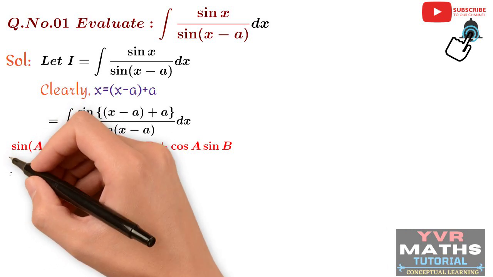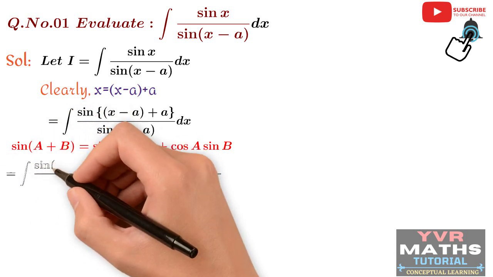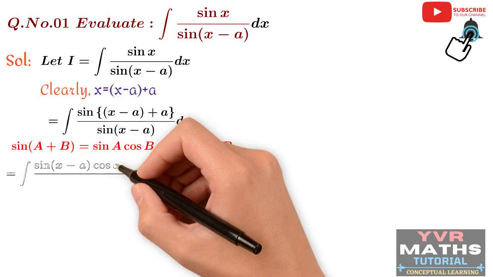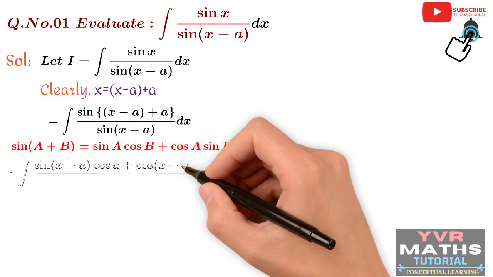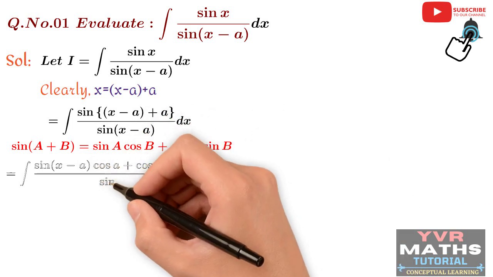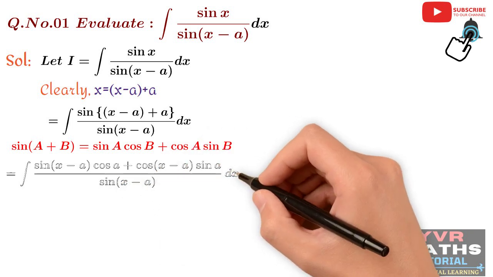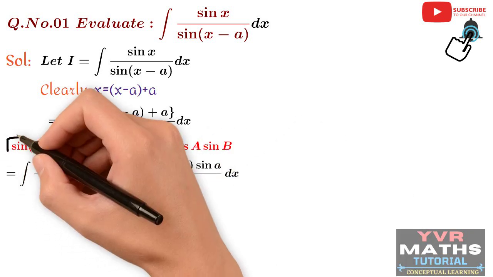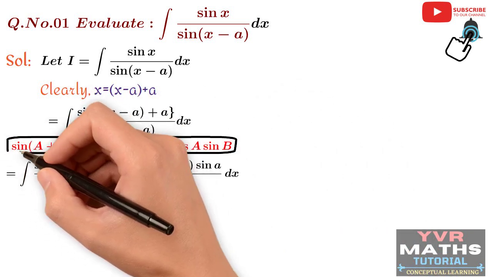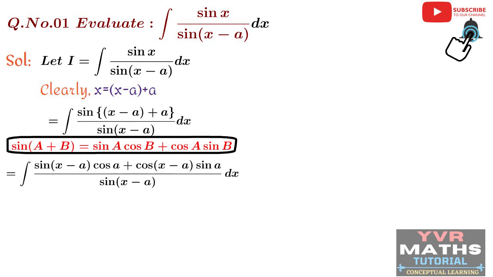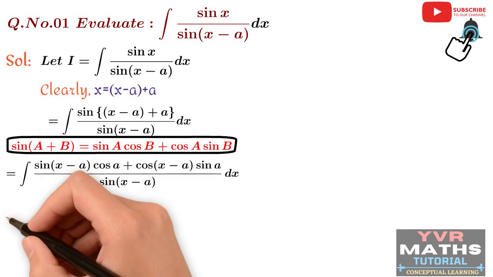See here, integral sin of x minus a into cos a plus cos of x minus a into sin a by sin of x minus a dx. So I just applied the sin of a plus b formula on the numerator part of the integrand. Now I am going to split the terms, that means divide each term of the numerator by the denominator. What you will get?